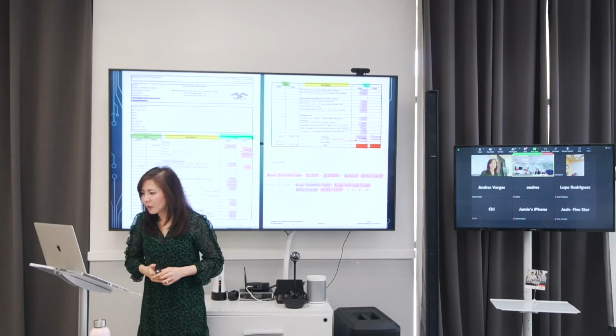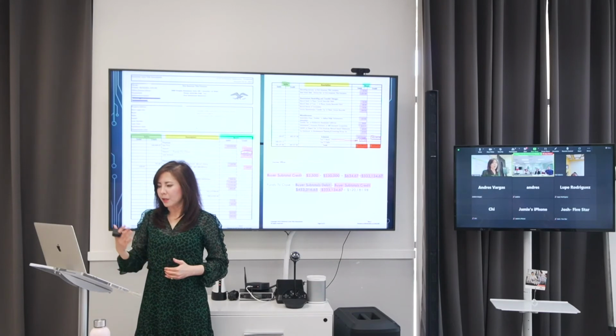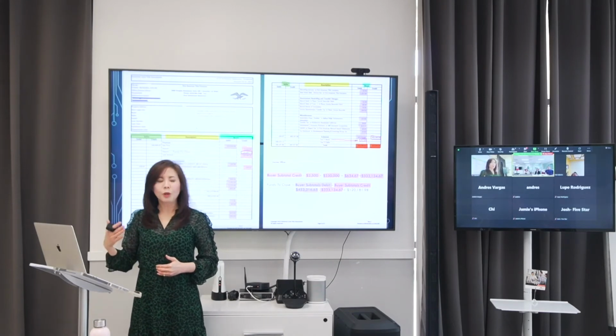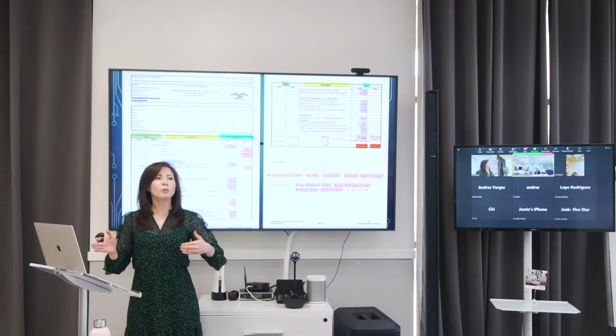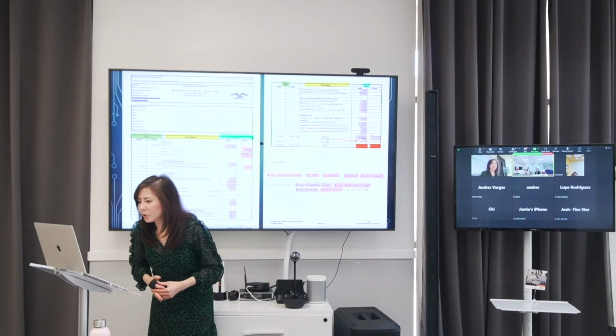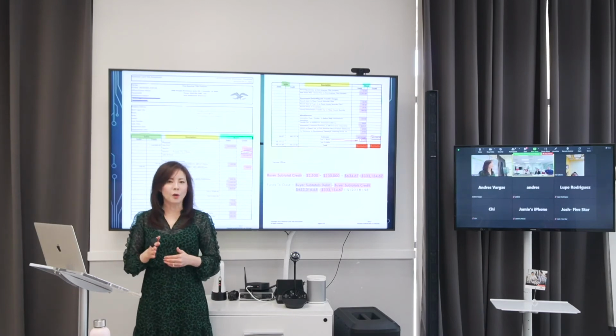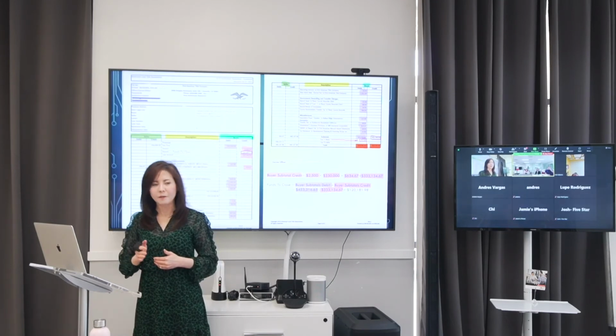Okay? The next numbers I'm going to read fast, because these numbers already showed up in the loan estimate and the closing disclosure we talked about in the previous lesson. The underwriting fee, $1,495, and the origination fee, $5,775.